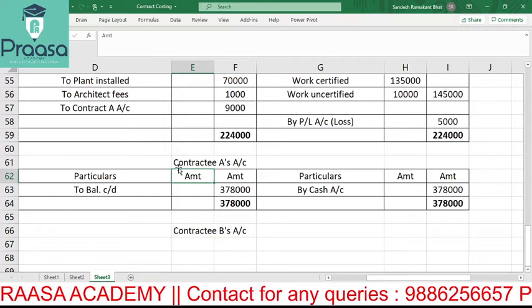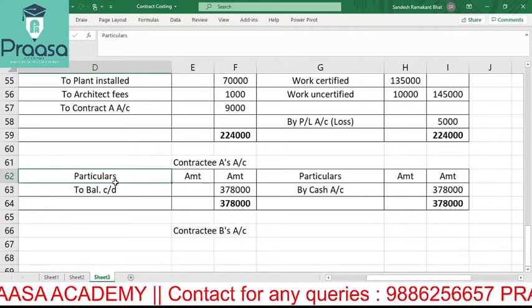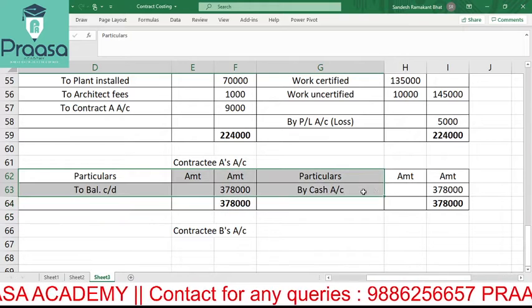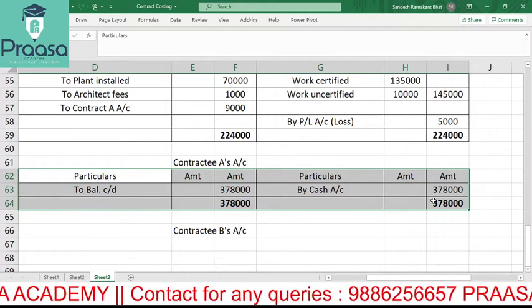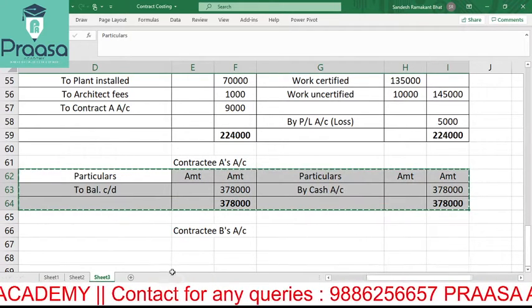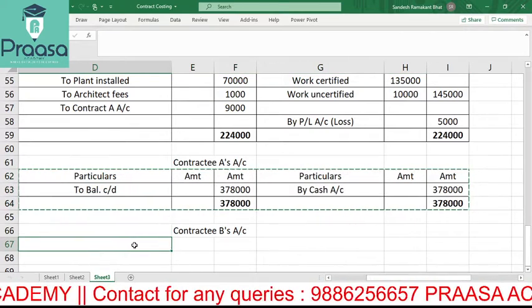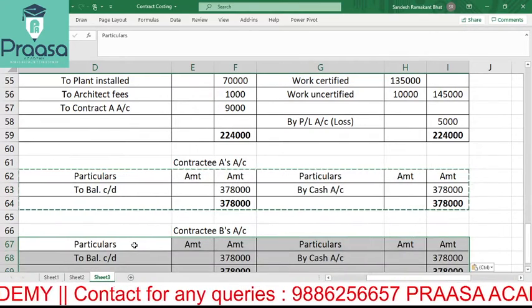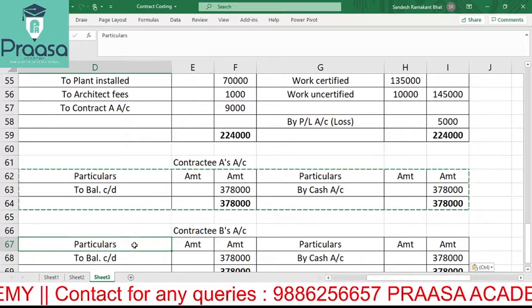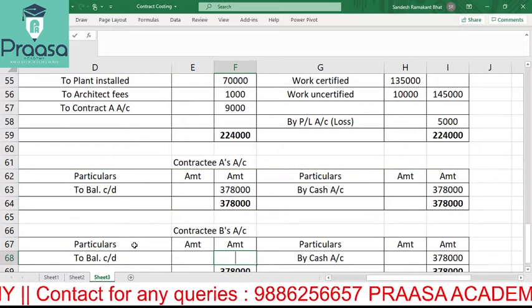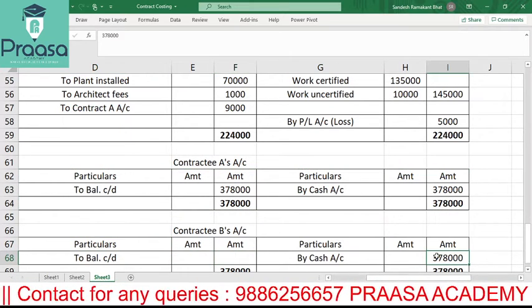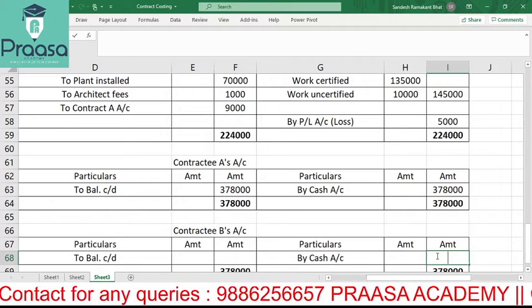As we have done work in progress, the working of work in progress in the balance sheet in all other problems, I want you to check how to do that once.